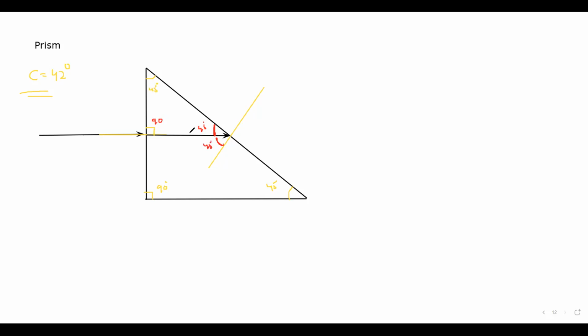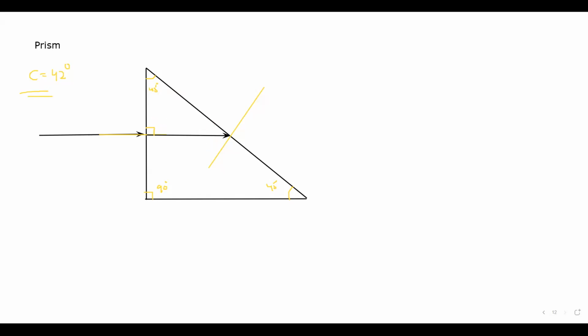So what is the angle of incidence in this example? When it is traveling from glass to air, what is the angle of incidence? The angle of incidence is 45. Why 45? In this figure, look, why is it 45?